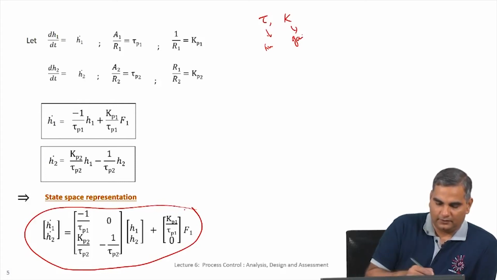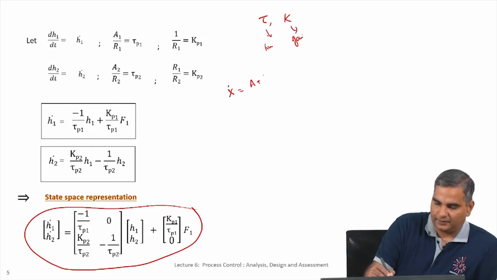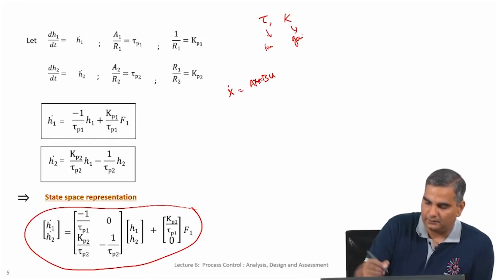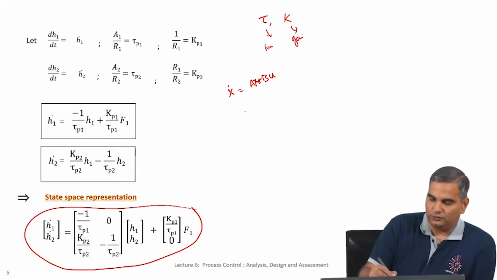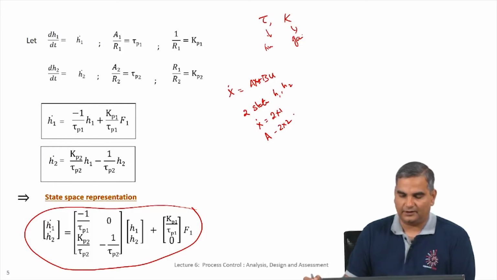Now, notice that if you look at this as x dot equals Ax plus Bu, as we mentioned at the beginning of this lecture, there are two states, h1 and h2. So, x dot is going to be a 2 by 1 vector, and that means A has to be a 2 by 2 matrix, as we described last time.